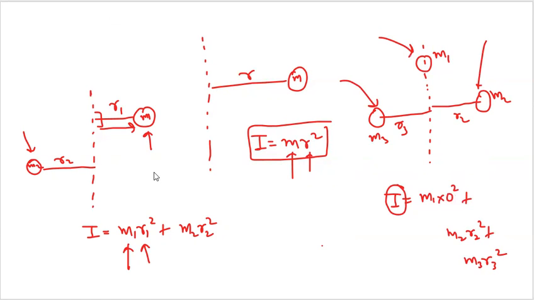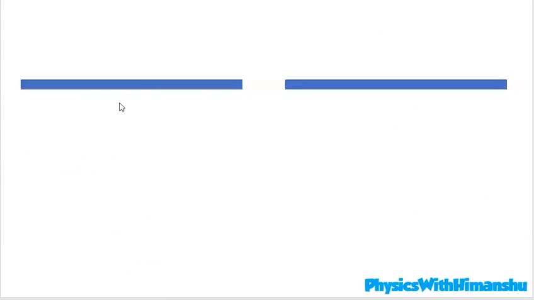Okay, now let's take some important bodies for which you have to remember the moment of inertia. Suppose we have a rod of mass m and length l. So moment of inertia about this axis will be ml square by 12. If the axis is passing through the center of the mass, then the moment of inertia will be ml square by 12.